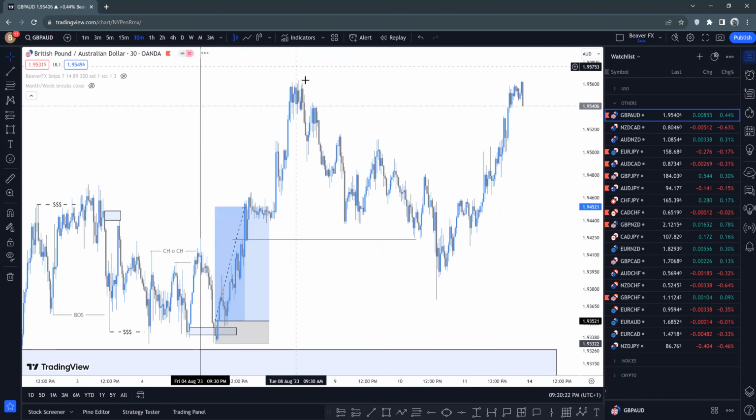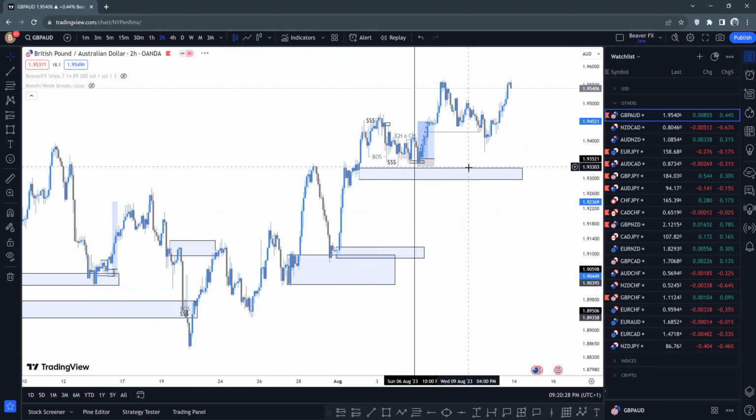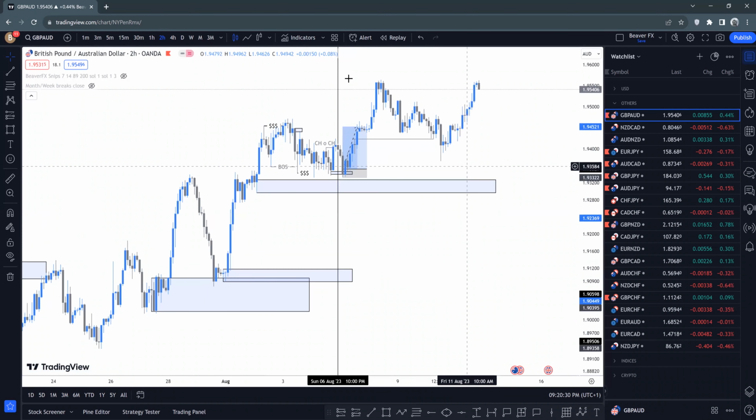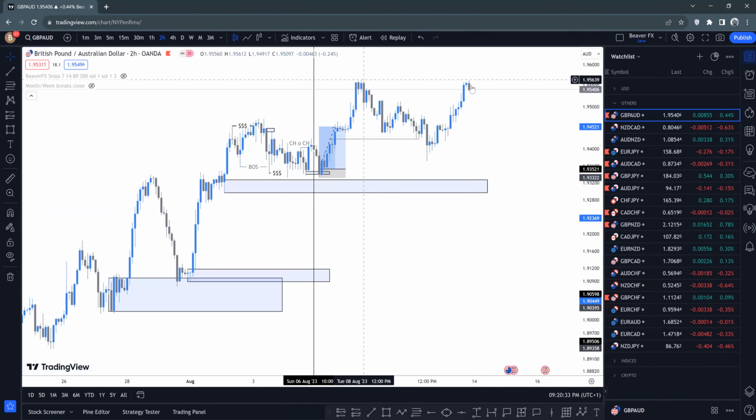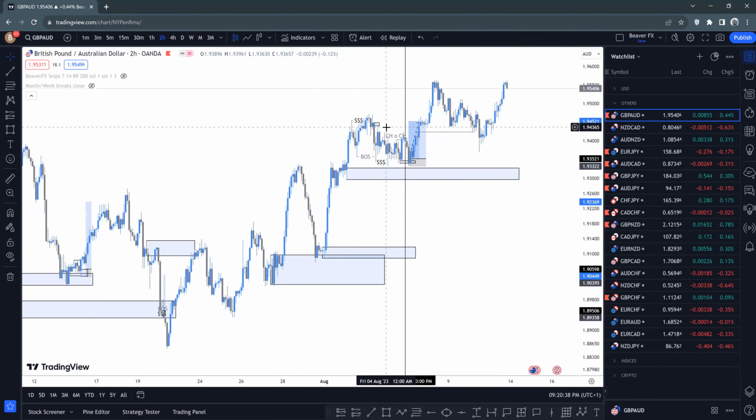Right now we tested this high and created a double top. Looking at this, I'd probably expect the market to break through this high, even if we're going to go lower from here. This move is telling me that the market probably has some more upside.